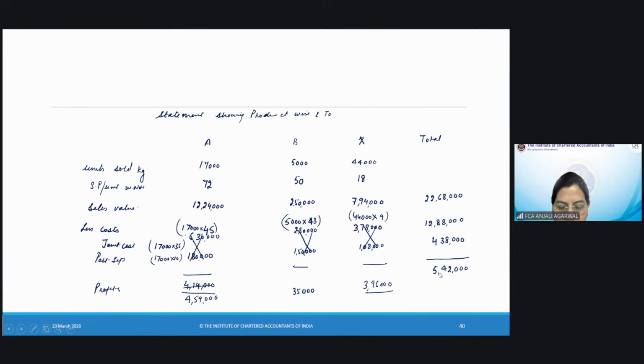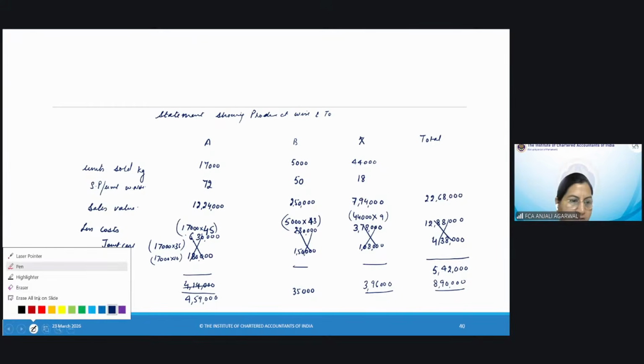396 plus 4,59,000 plus 35,000. The total profit will be 8,90,000. As the total costs will not be taken, only that portion of the cost which is applicable to the sold units, not to the total cost of closing stock also.